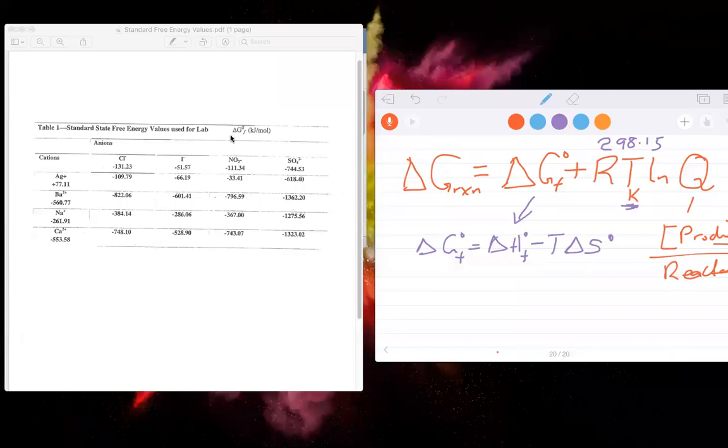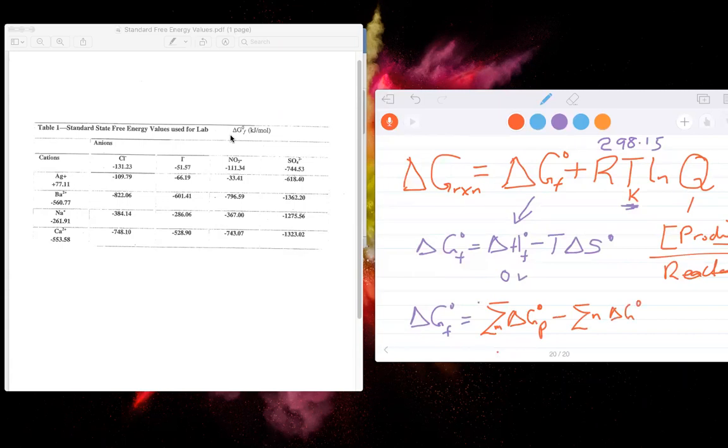It's already given for each one of us to find the S of products and reagents. So delta G naught formation is given by the summation of n times delta G naught of products, where n is the coefficient in the balanced equation, minus the summation of n times delta G naught of reactants, R for reagents.